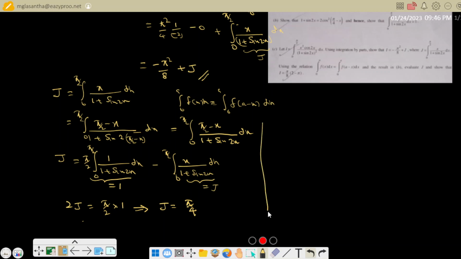If J equals pi by 4, now you can evaluate I. So I equals minus pi squared over 8 plus pi by 4.